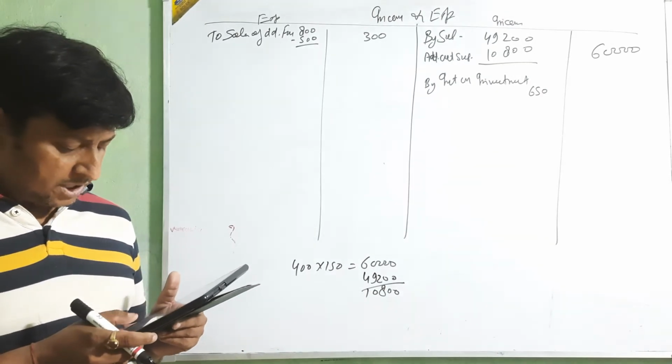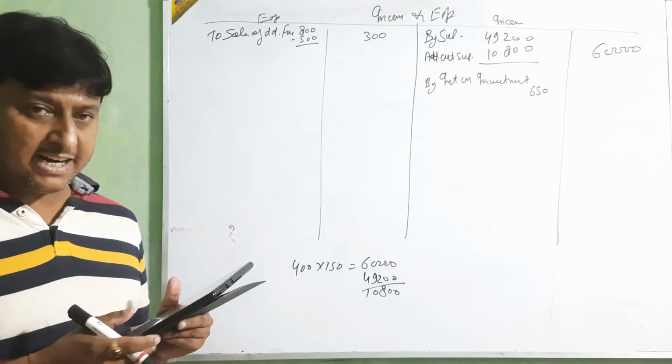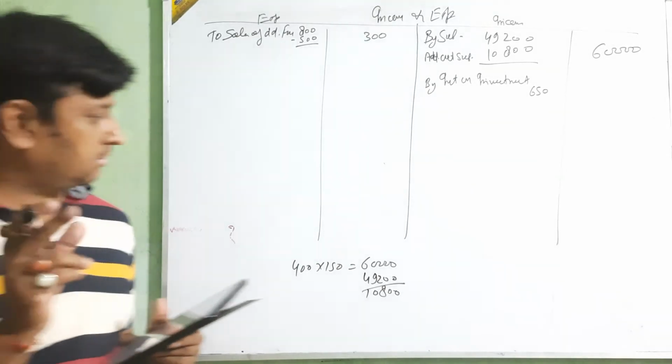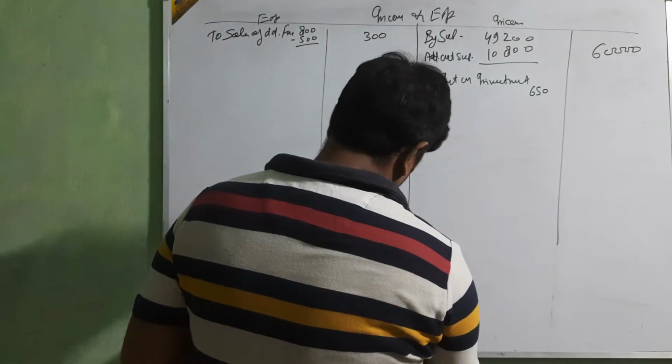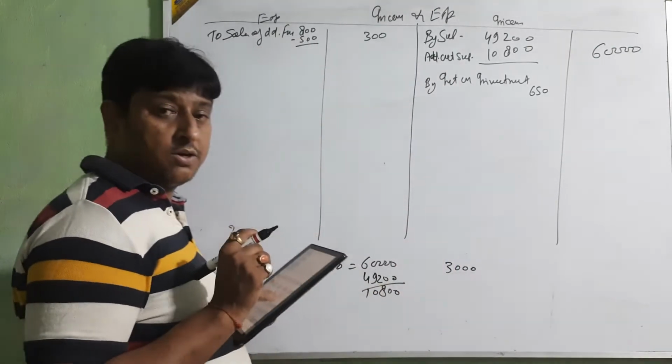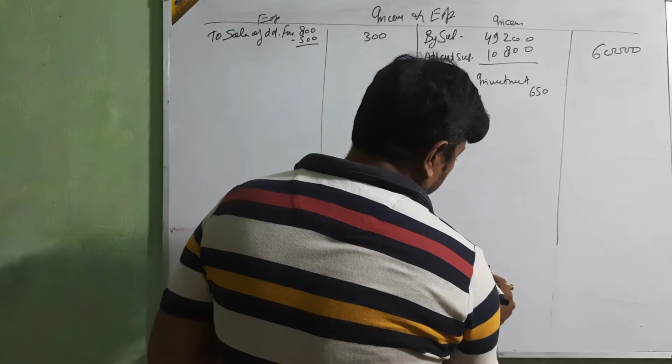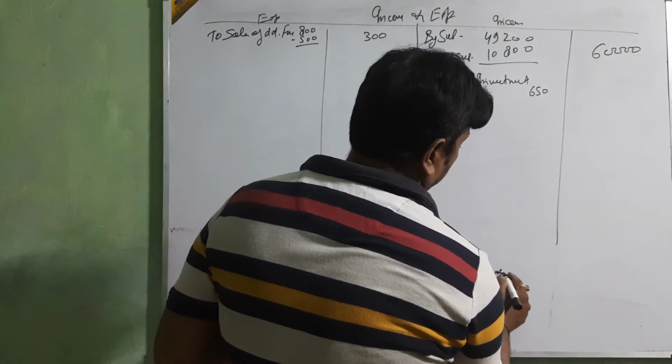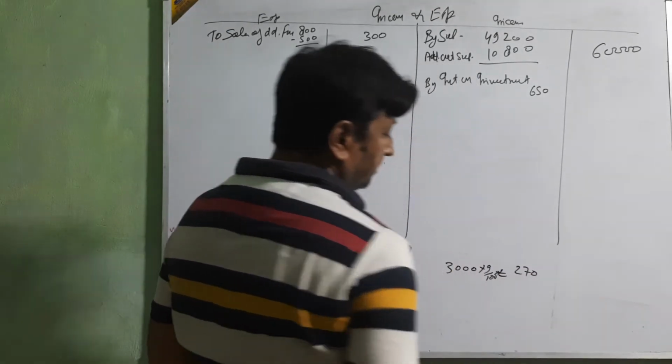And 9 into 3, 2,700 for the whole. 9% of 3,000 is equal to 270.